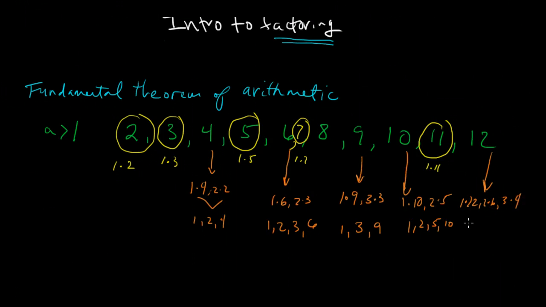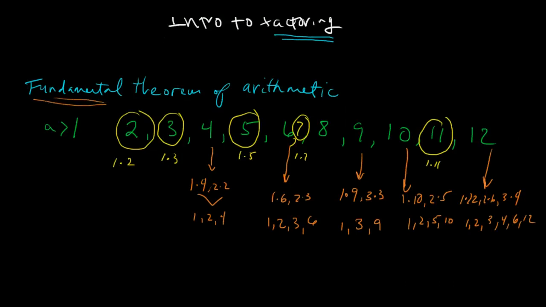So it has the factors 1, 2, 3, 4, 6, and 12. And in fact, we're still not getting all the way down to the fundamental theorem of arithmetic. We're just looking at what composite numbers have as factors.